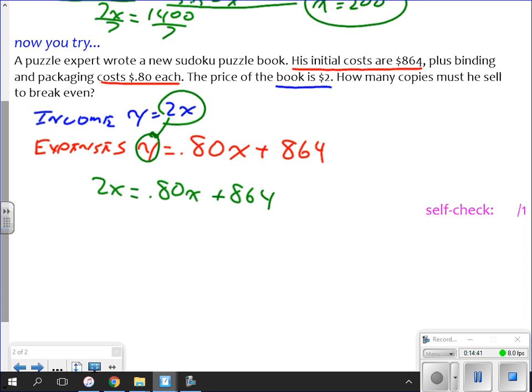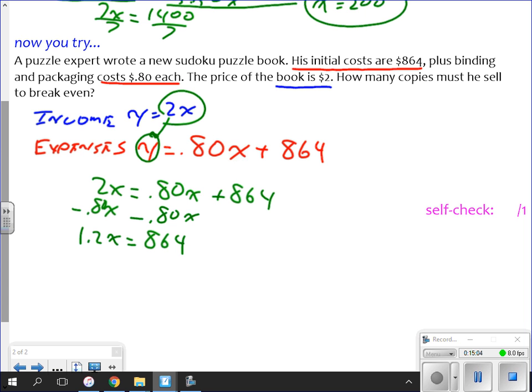That's my first step. Subtract 0.80x from both sides. So I should get 1.2x equals 864. Divide by 1.2.